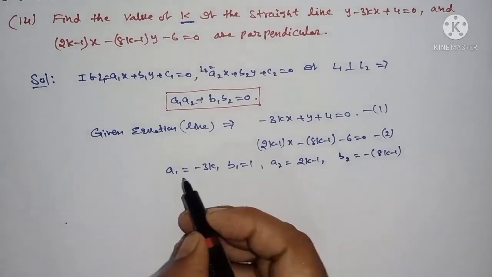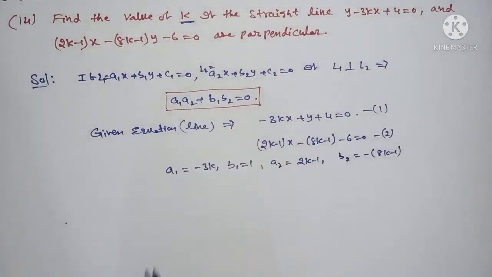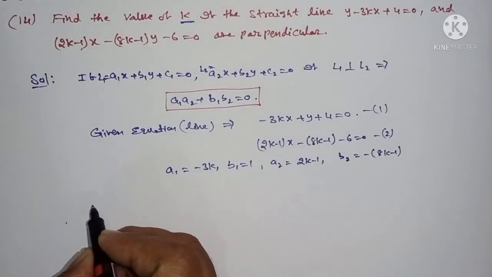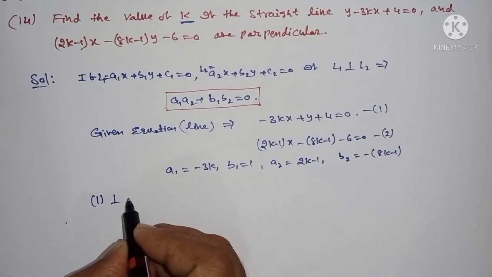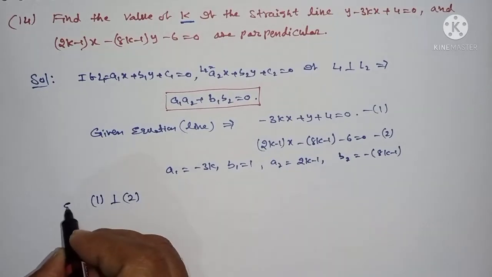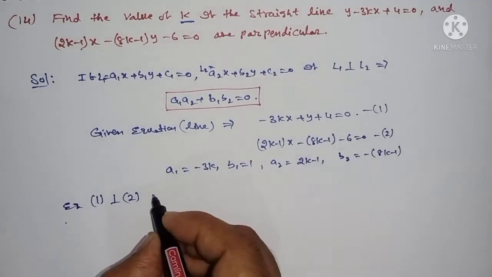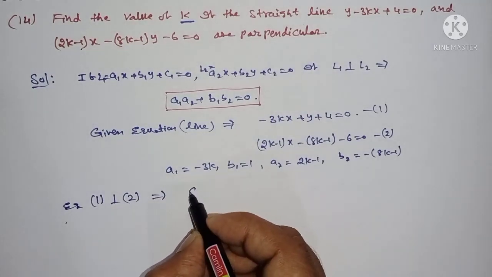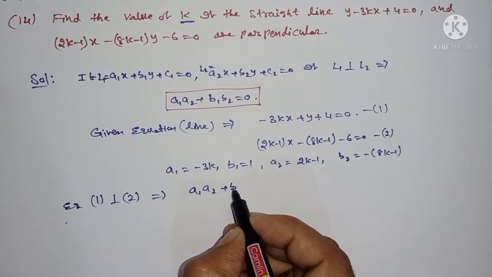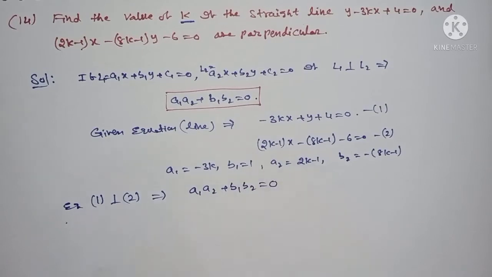We have a1, a2, b1, b2. What is the condition? If equation 1 is perpendicular to equation number 2, therefore how can I write here? a1 a2 plus b1 b2 is equal to 0. You can apply it here, and you will get the answer.